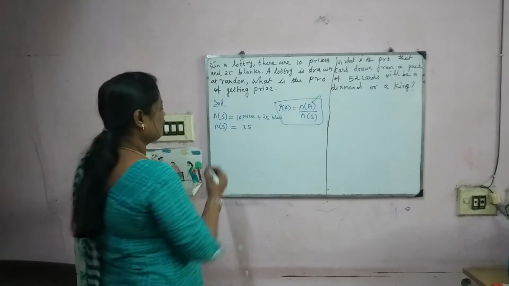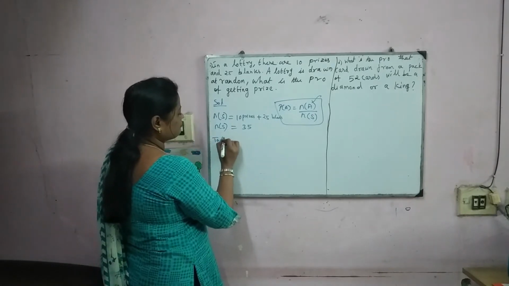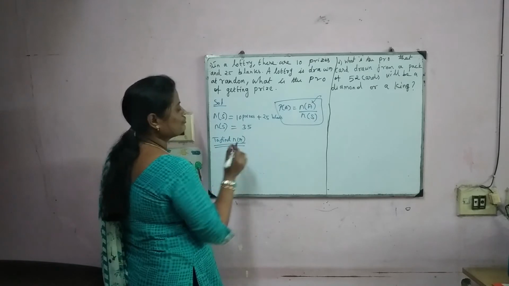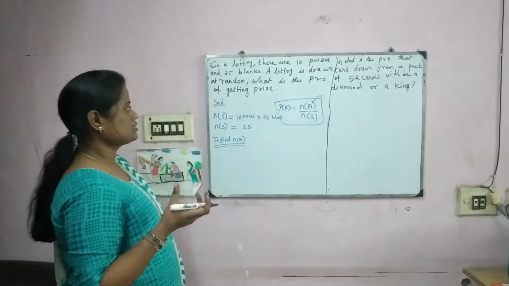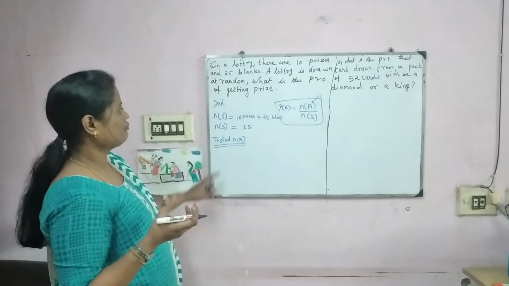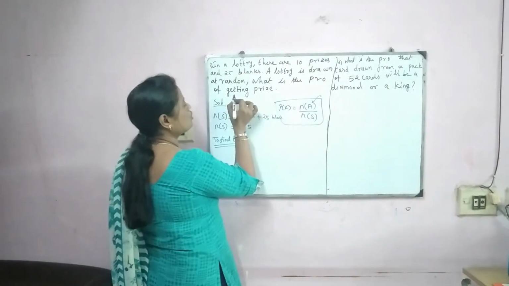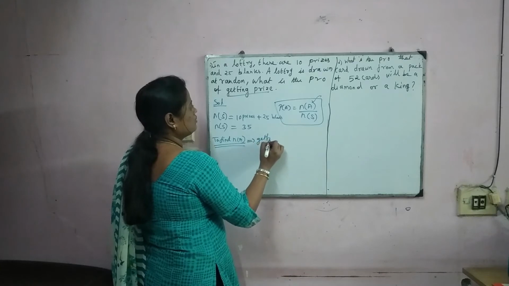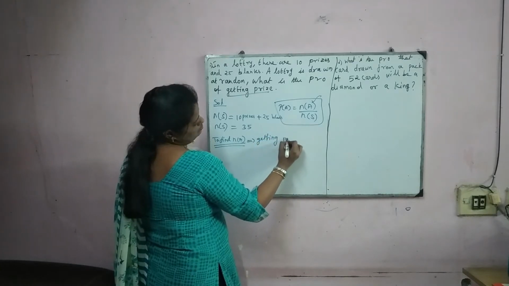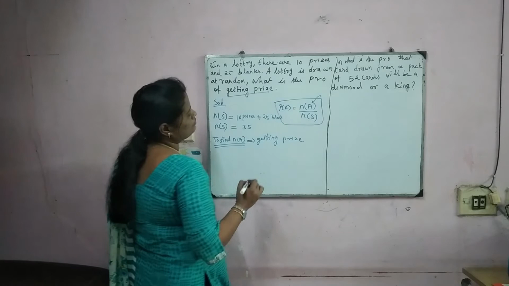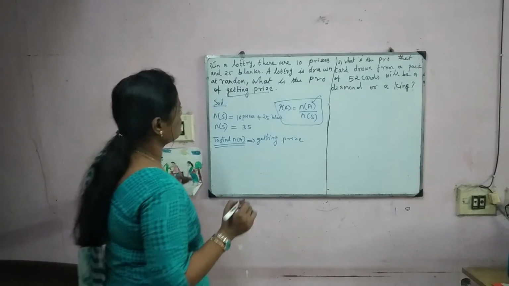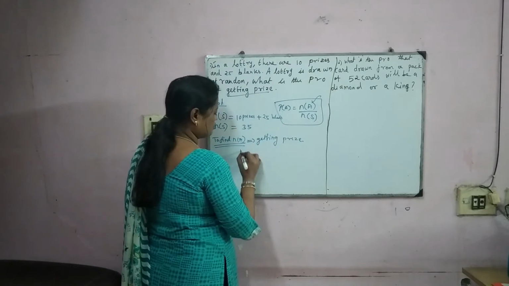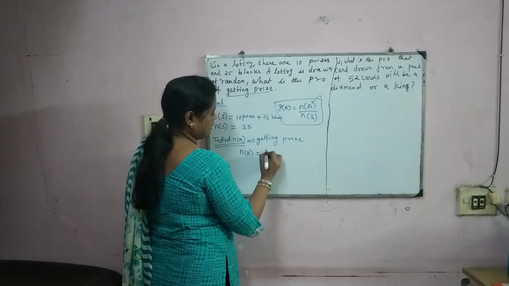Next, to find N of A, which is the favorable number of things. In this question, what is our favorable number? Getting a prize is our favorable number of events. How many prizes are there in this question? 10 prizes. So N of A is equal to 10.